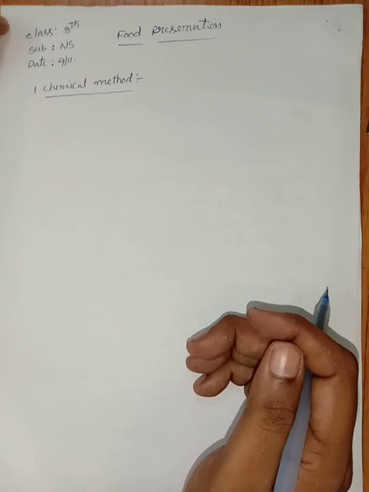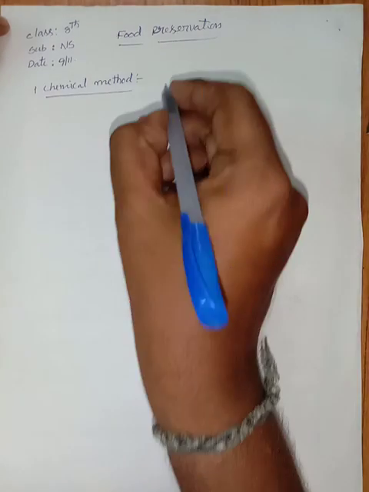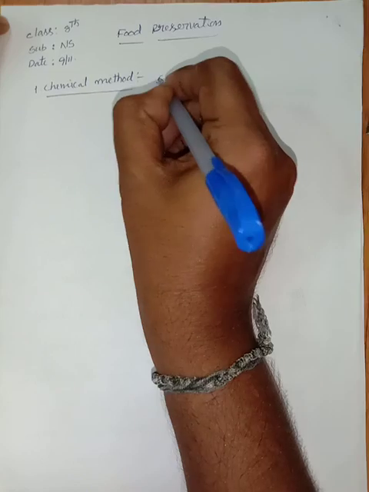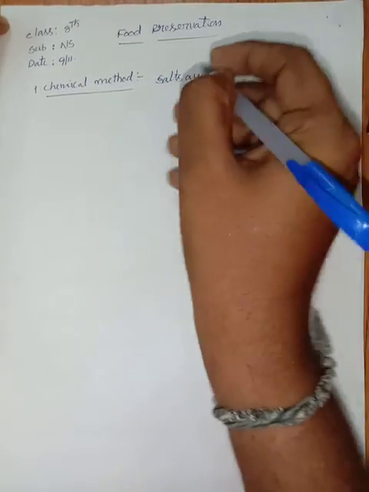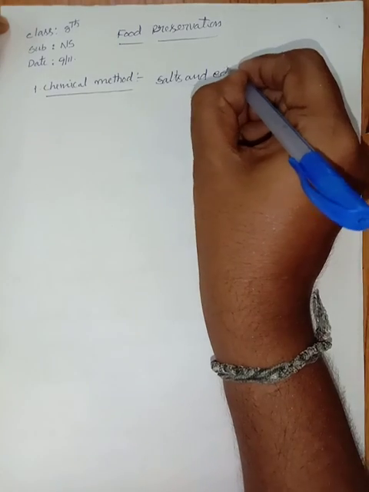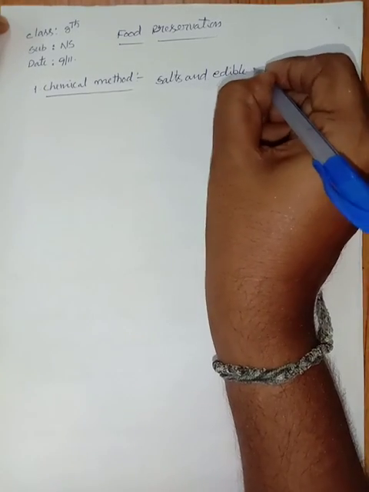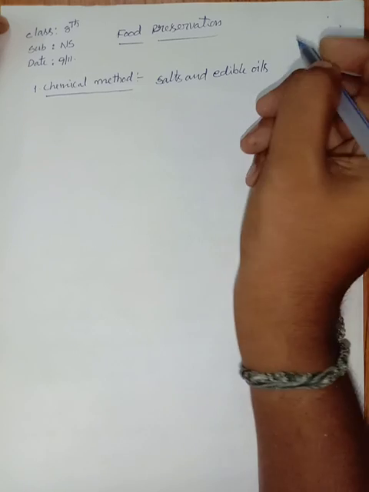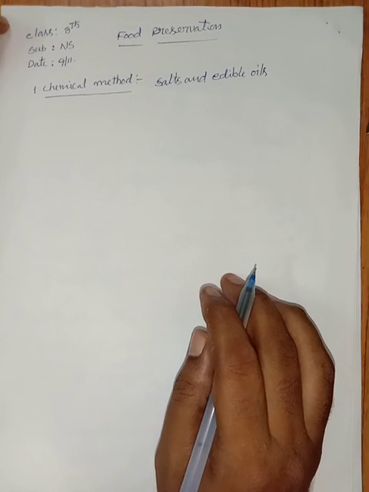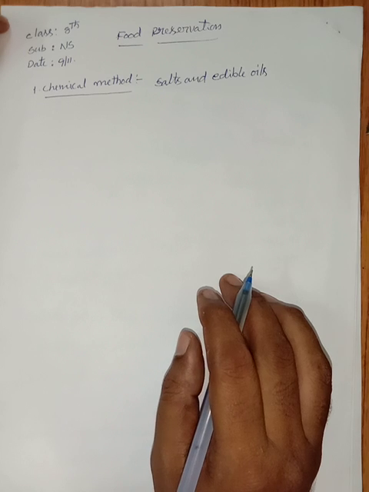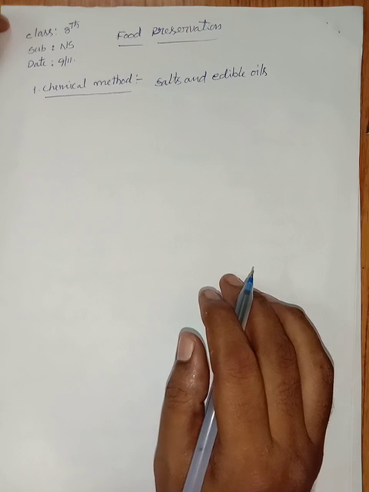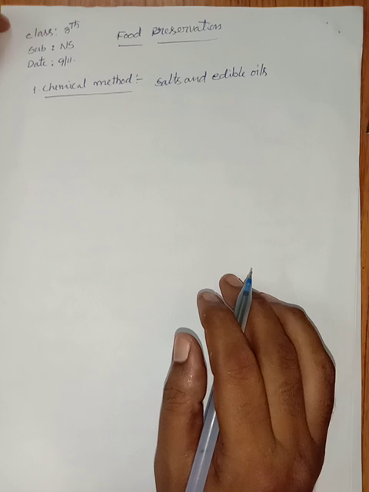In chemical method, salts and edible oils are common chemicals generally used to check the growth of microorganisms.